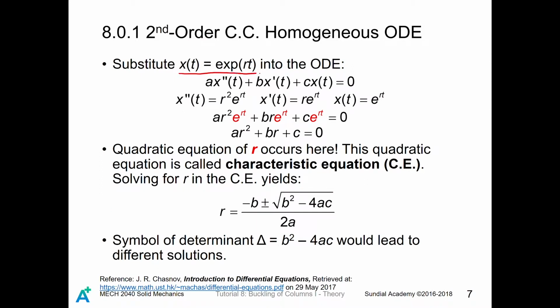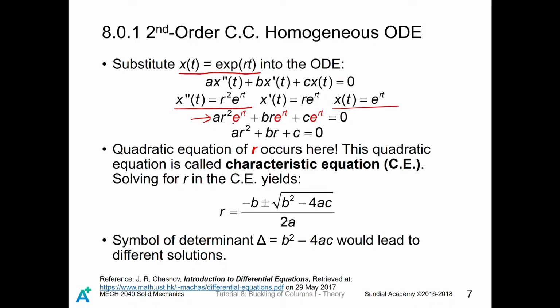Substitute x equals exponential of rt into the ODE, then this ODE will become something like this. The x double prime is r squared e to the rt, and x prime equals r e to the power rt, and x of t is just e to the rt. When you put it inside, you can find that all three terms have e to the rt, which is convenient for us to cancel out.